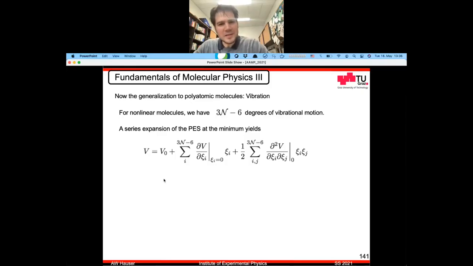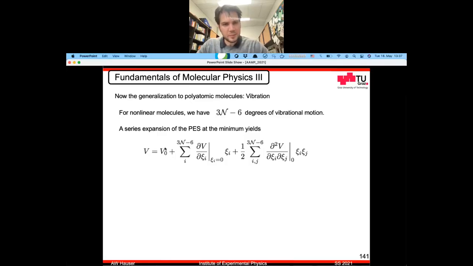What I'm doing now is I'm again starting a Taylor expansion of our potential energy surface at this global minimum geometry. So, for example, this is my global minimum geometry. At this point, I'm looking at the potential energy surface by making small variations in all these coordinates, and get an approximation.